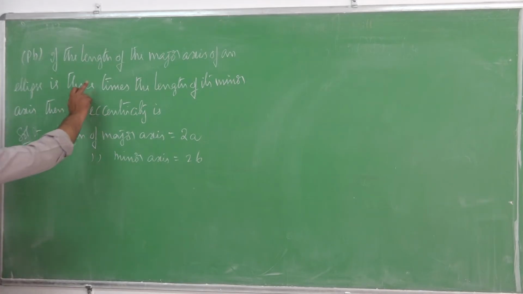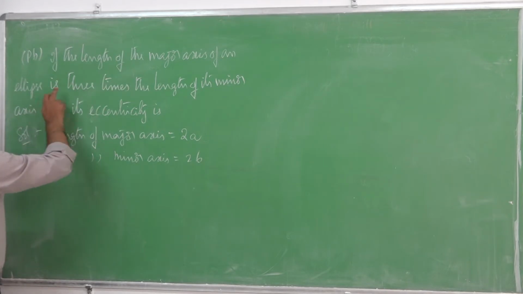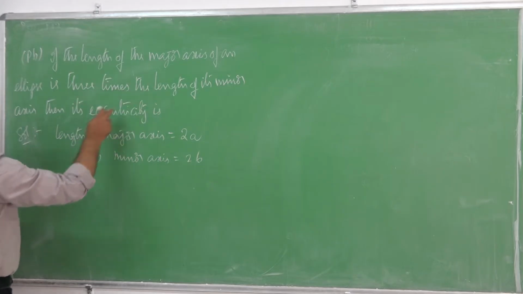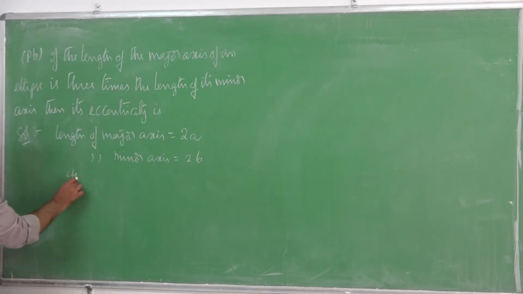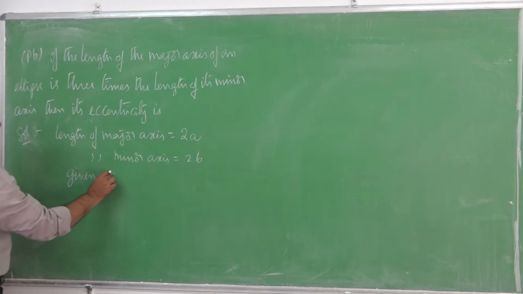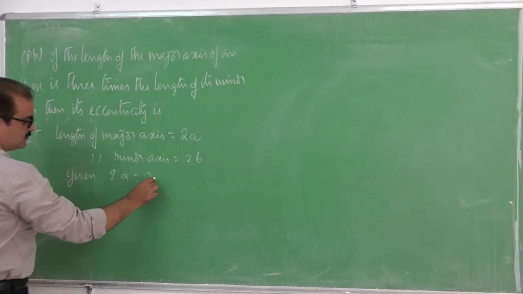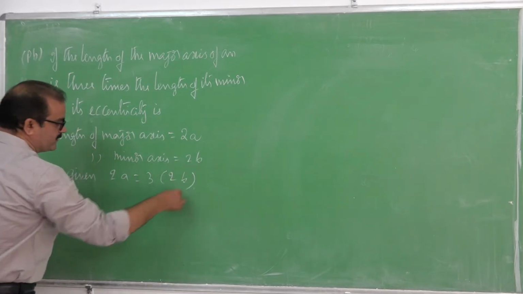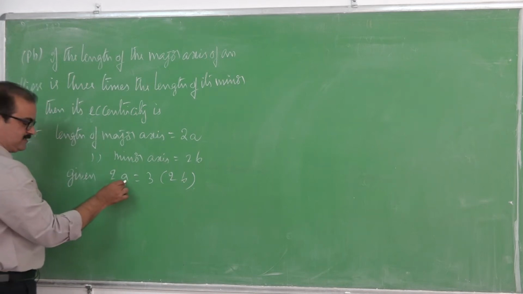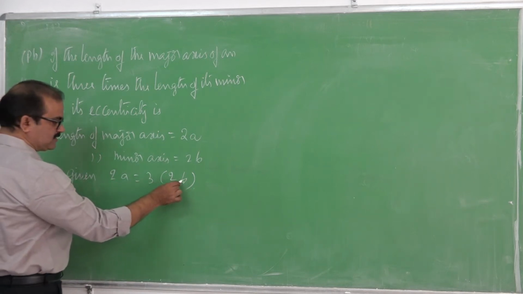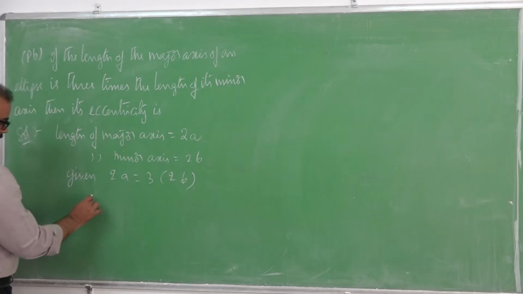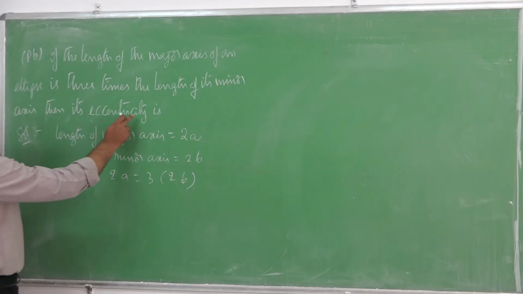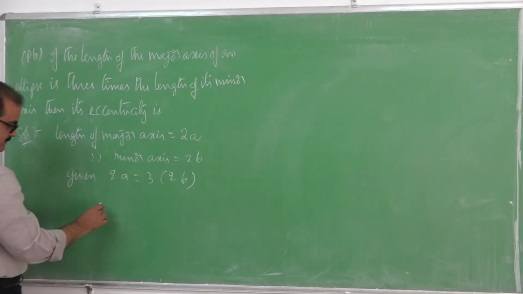What is given? Length of major axis is 3 times the length of minor axis. Given 2a is equal to 3 into 2b. From this condition, find eccentricity of the ellipse.